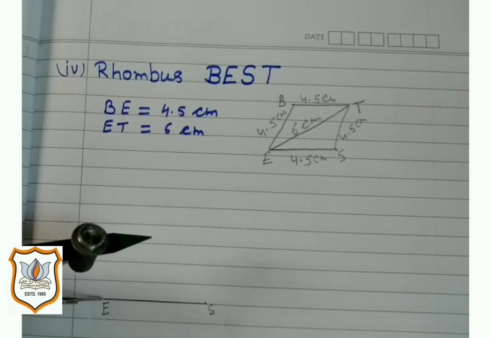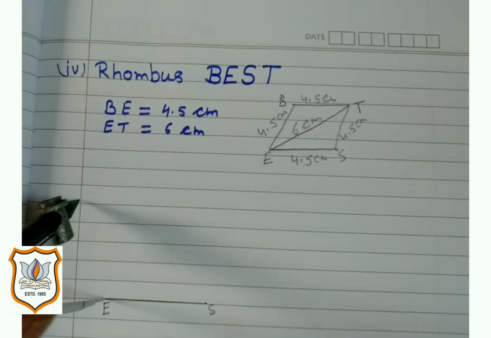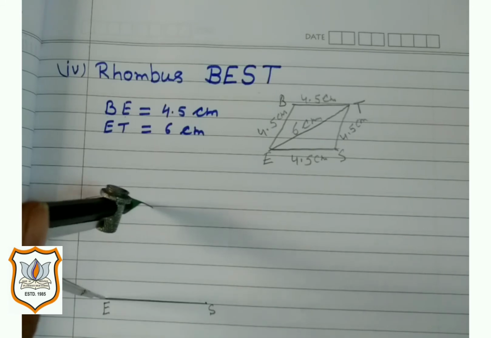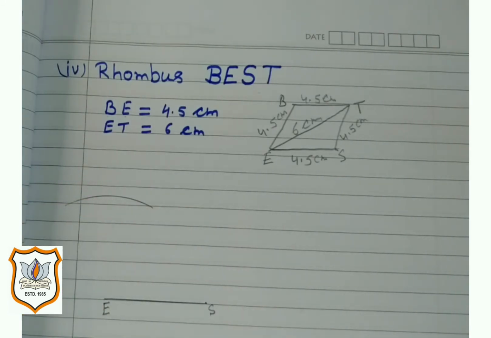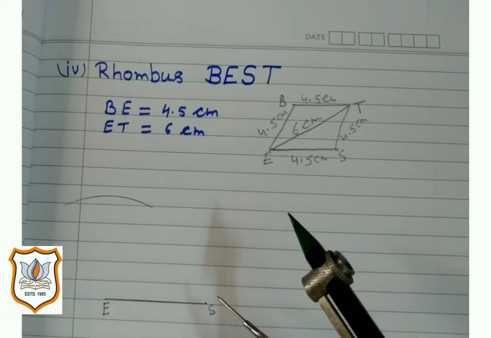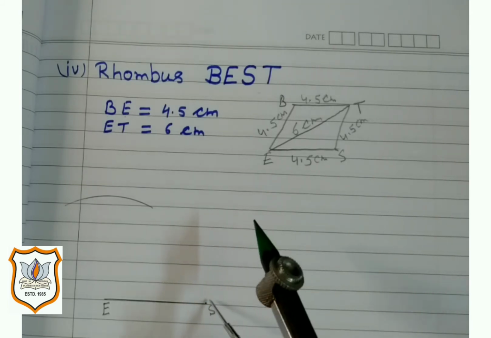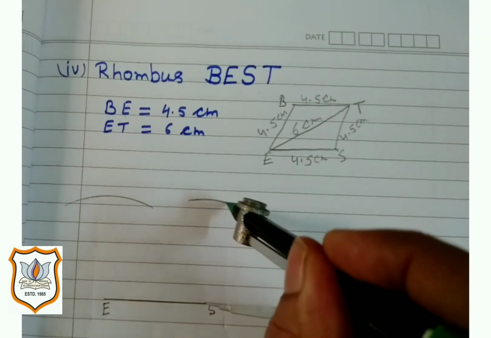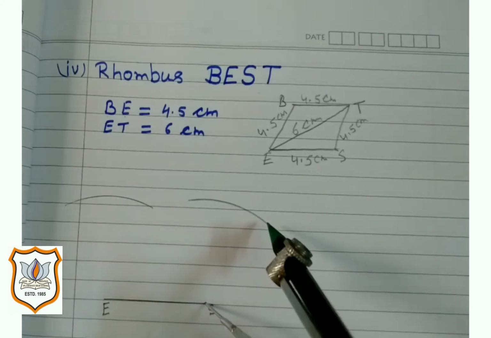This is E, and we will take E as a center, and we will draw an arc of radius 4.5 centimeter. So this is an arc of radius 4.5 centimeter. All sides are equal, so we will draw an arc with S as a center, and we will draw an arc of radius 4.5 centimeter. Clear, students?